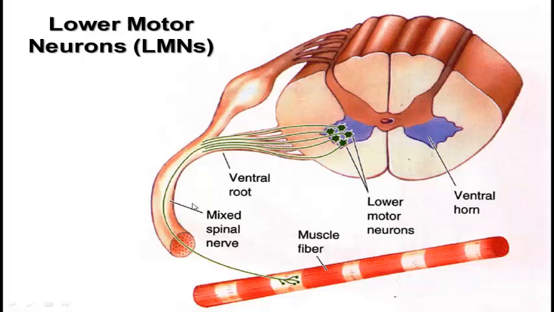Another example: if there is trauma or accidents affecting the ventral root of the spinal cord, it is a lower motor neuron lesion. Let's come to the periphery. If there is peripheral nerve injury, it is a lower motor neuron lesion. And in the muscle itself, like muscle diseases or myopathies, it is also a lower motor neuron lesion.